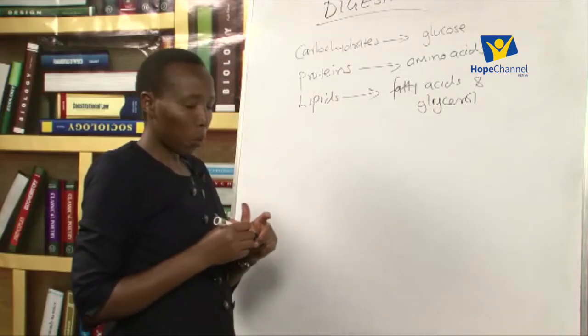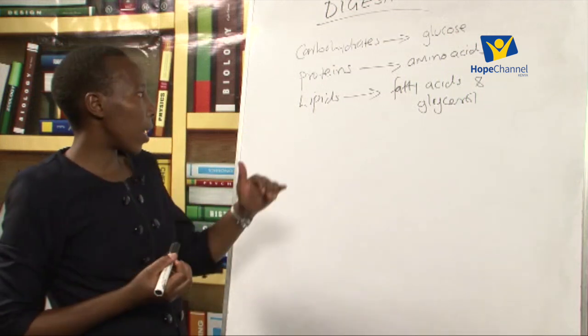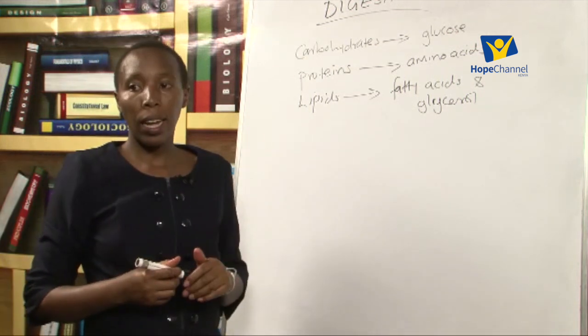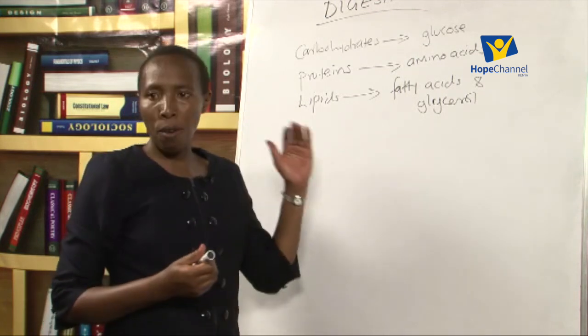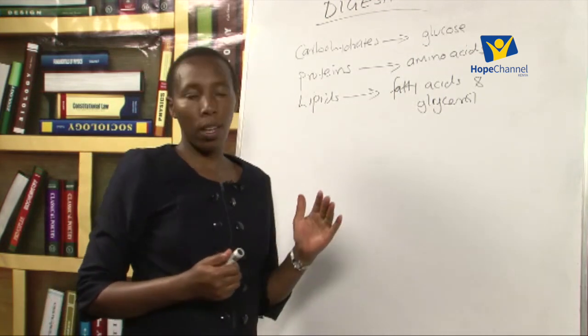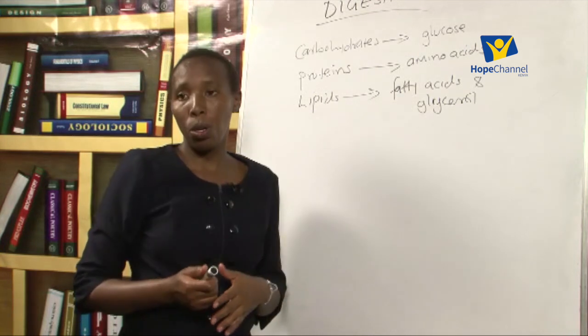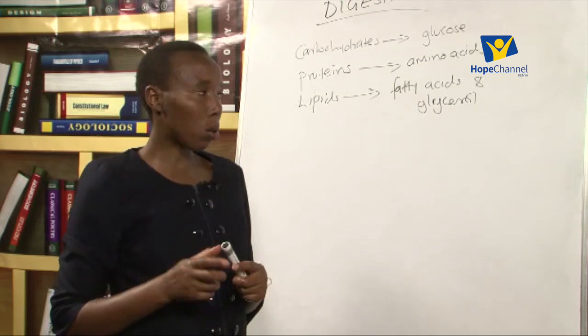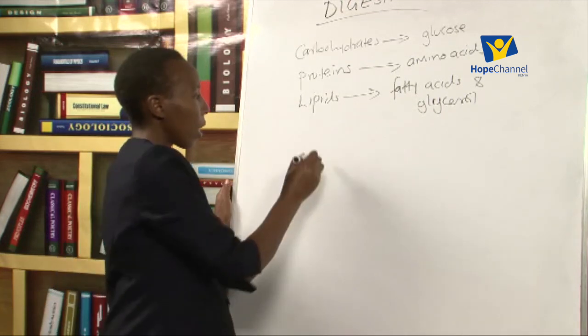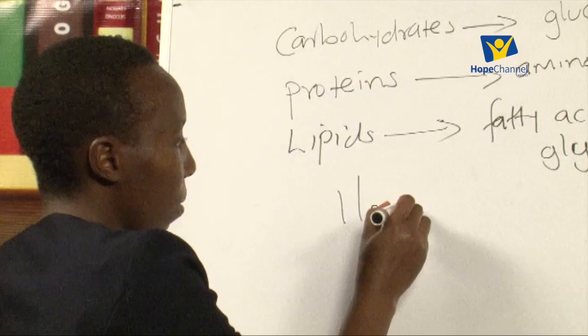Now, remember we said that the process of digestion ends in the ileum. And if you have been following the whole discussion, you realize that I said the ileum has two functions.